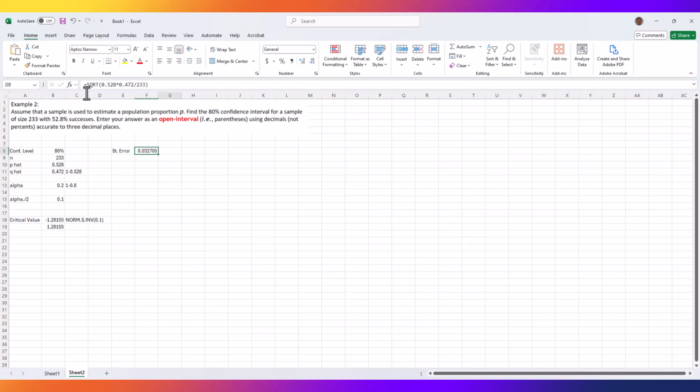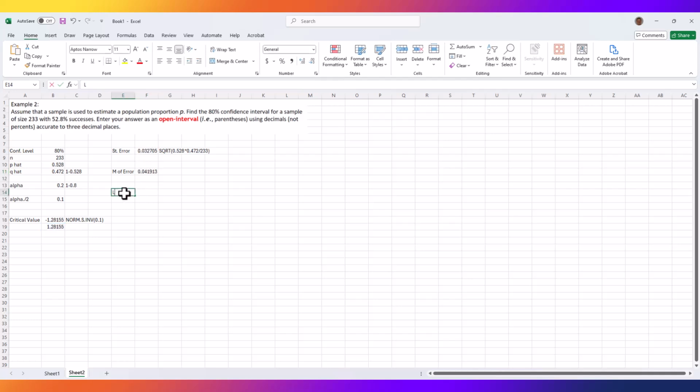I like to type them in here when I'm doing this so that you can see where the stuff comes from. So now this is really our E, our margin of error, which maybe makes a little more sense if I write that here. The margin of error is going to be the critical value, Z alpha over 2, multiplied by the standard error.